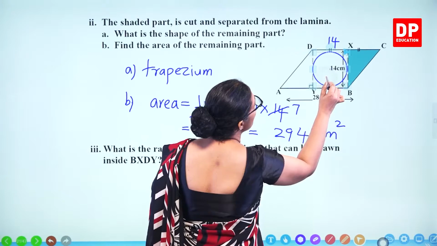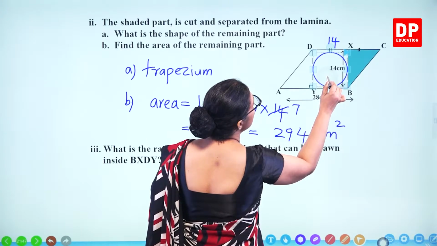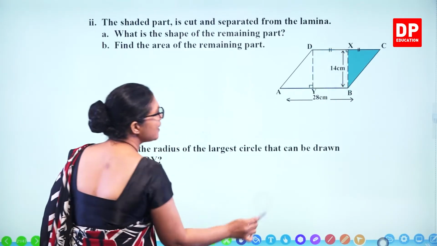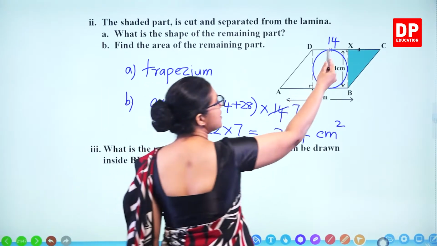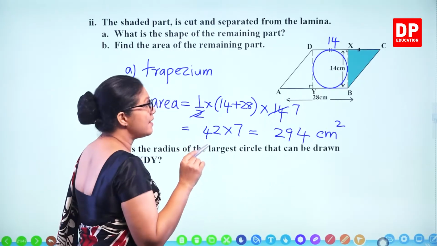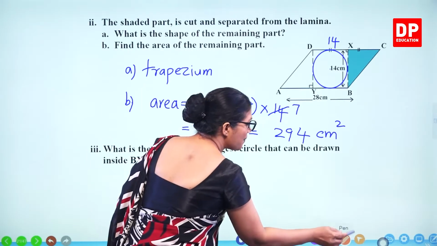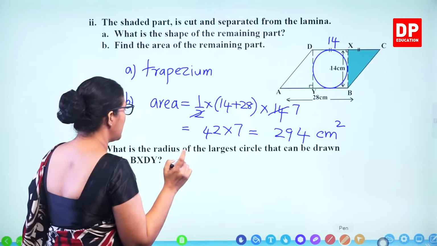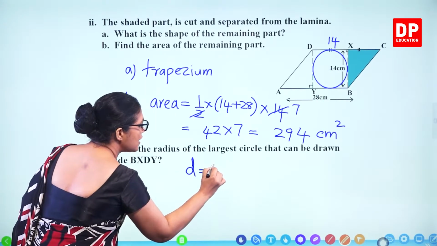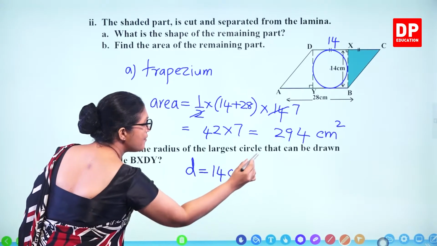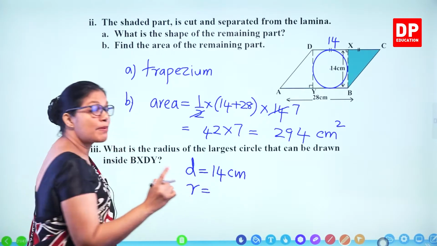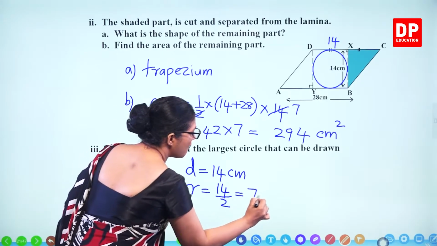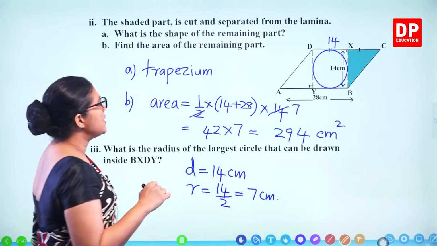Yeah, this is not a square, that's why we can't fit it properly. So something like this. So you can fit a circle like this, then the diameter of the circle becomes 14. So diameter is 14 centimeters. So what is the radius? Radius becomes half of it. So 14 divided by 2, that's 7 centimeters.